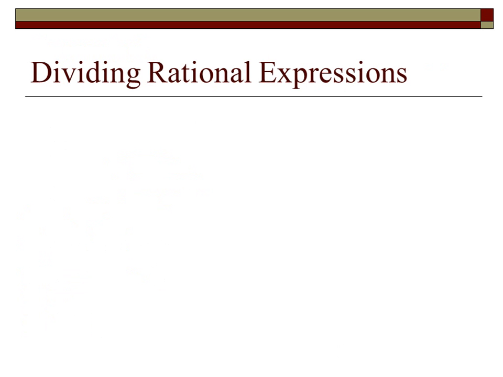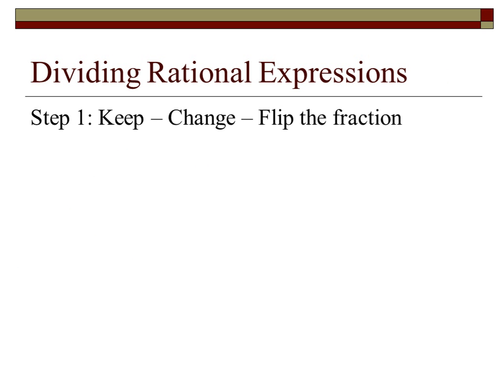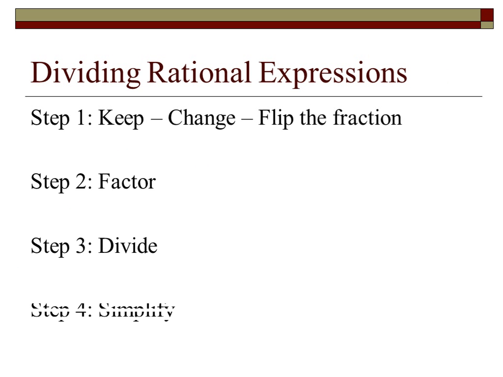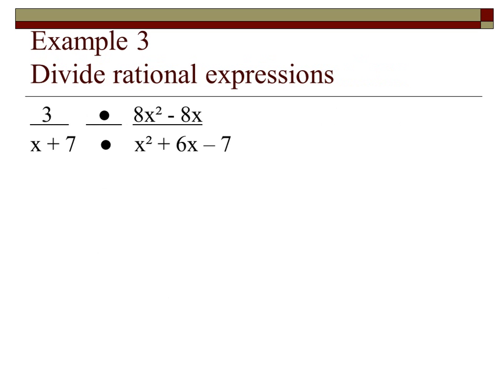Alright, moving on to dividing rational expressions. What you essentially need to know the most for dividing rational expressions is that you flip the fraction. Factor, divide, simplify. So for example, I know that division symbol looks a little odd, but that is the division symbol.